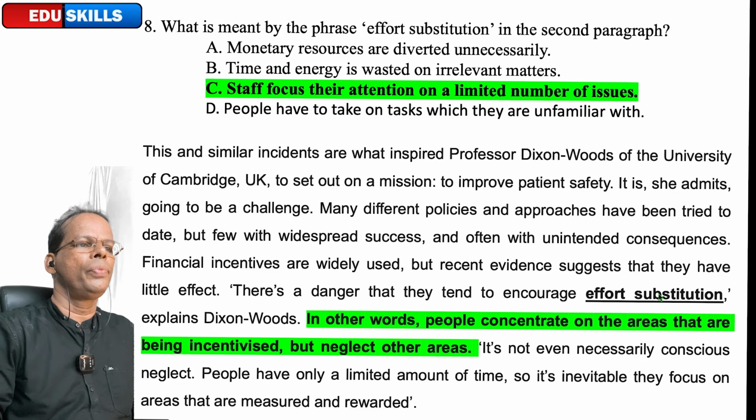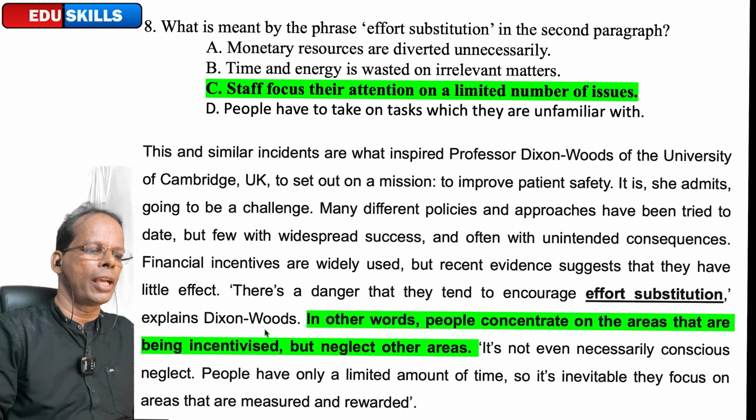So here you see, this is the question, and where is the word? Effort substitution. There is a danger that they tend to encourage effort substitution, explains Dixon Woods. In other words, people concentrate on the areas that are being incentivized but neglect other areas.